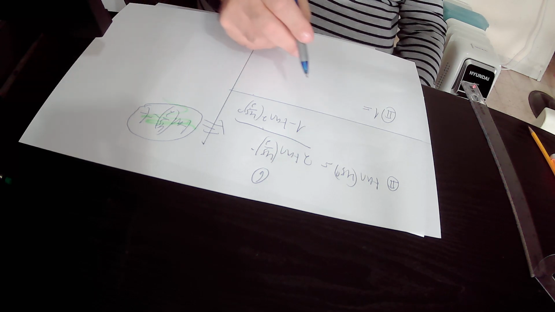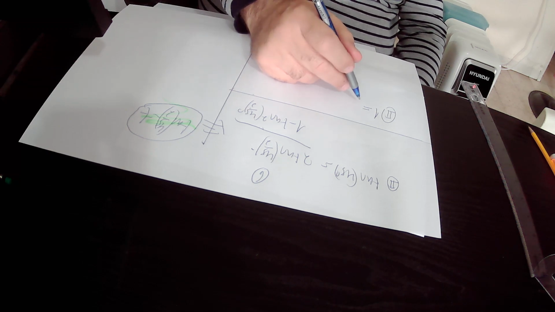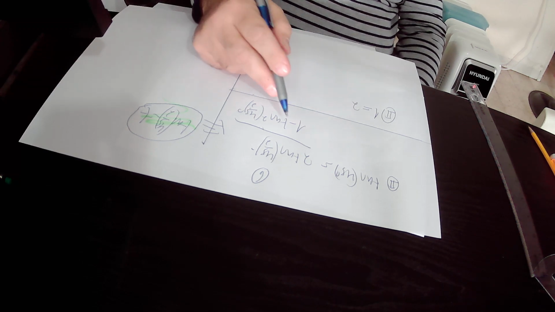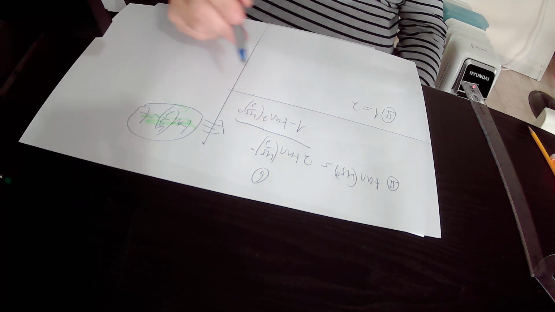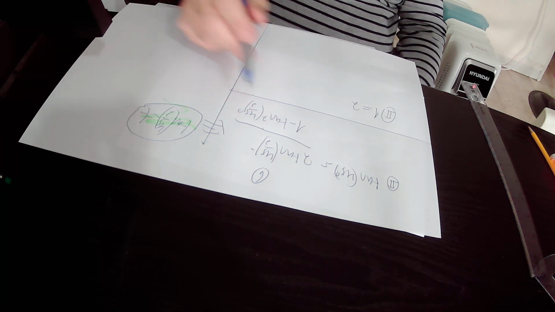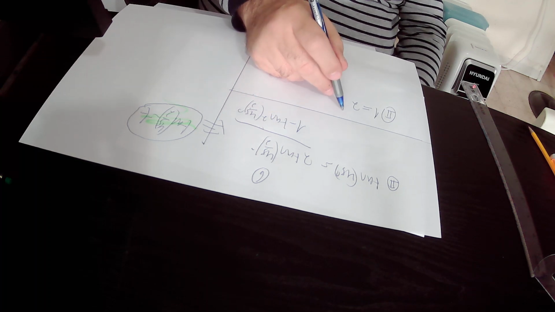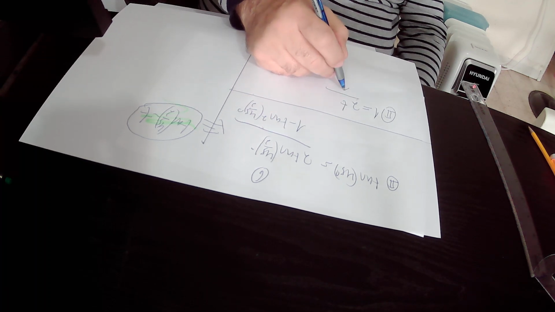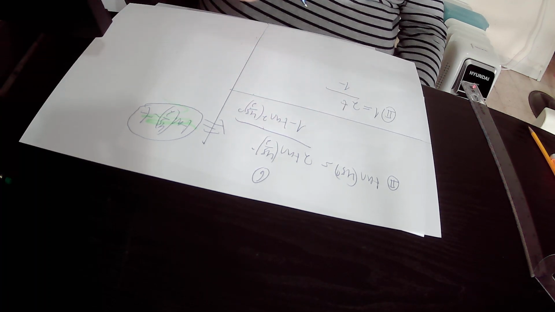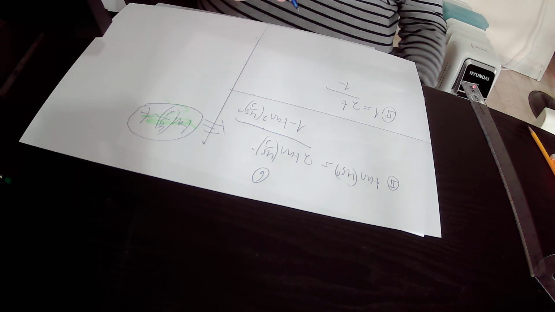So 1 equals 2t over 1 minus tangent square 45 over 2 degrees.